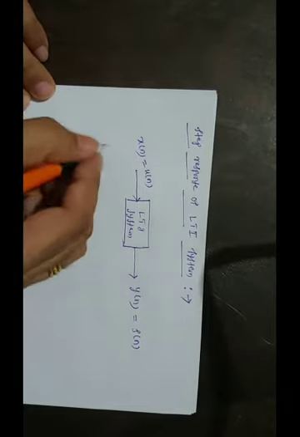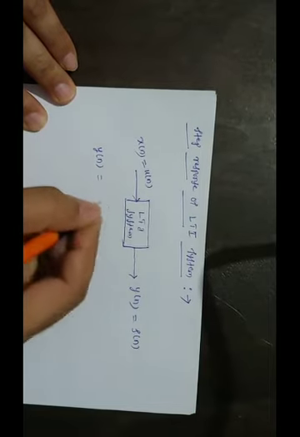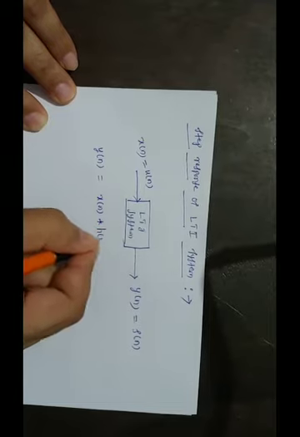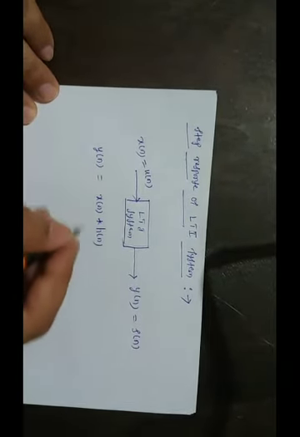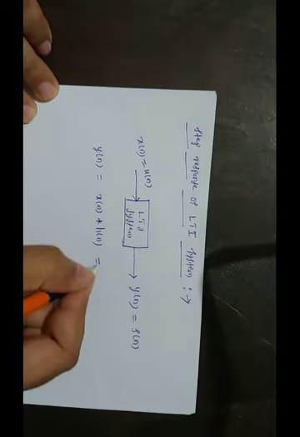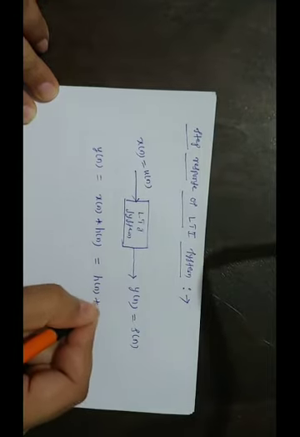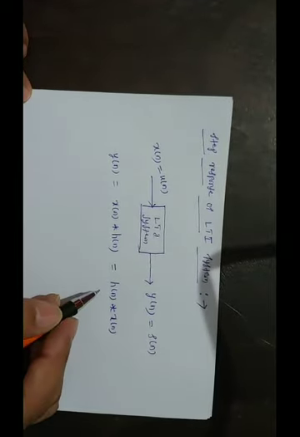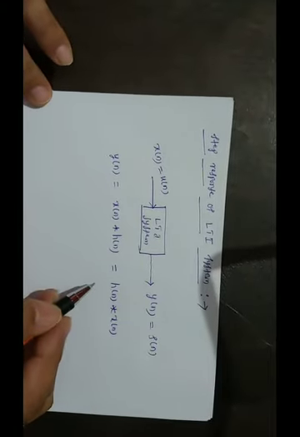We already know the convolution sum is given by x of n star h of n. We also know that it obeys the commutative property, so I can write it as h of n star x of n also. The convolution sum obeys the commutative, associative and distributive laws, and based on that we have written this.